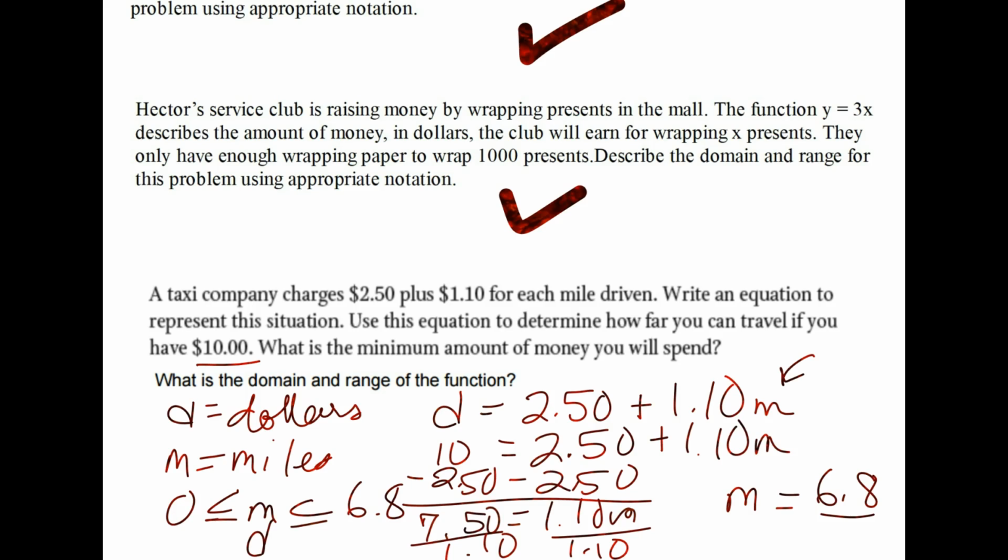I'm paying that $2.50 because I got into that taxi. Right. So I'm paying that if I don't go anywhere. All right. And then the max amount of money that I have is $10. You have $10, so I'm going to spend at most $10.